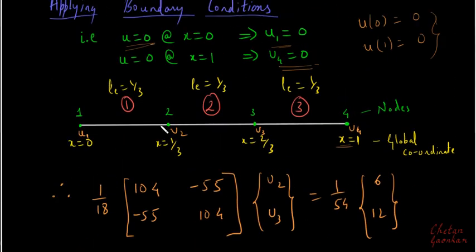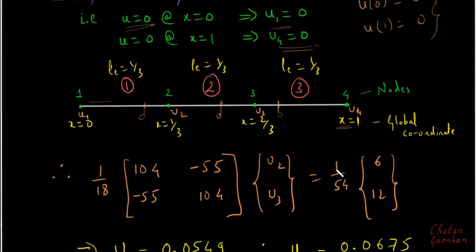Now suppose I had divided this into four elements, this was our first element, this our second, this our third, and this our fourth element. We would have had three unknowns, unknown 1, unknown 2 and unknown 3.